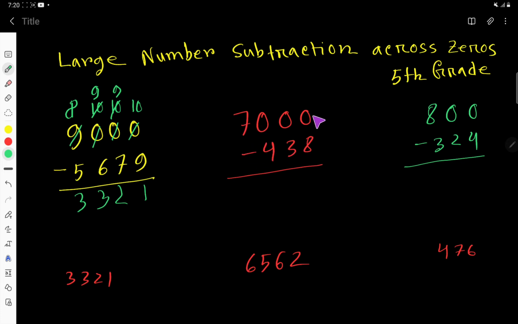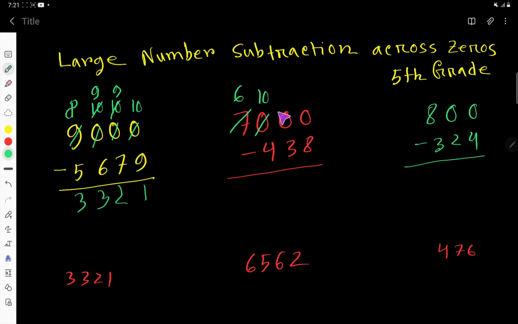So 0 is less than 8. So borrow, go to the next door. In your next door you are also getting 0. Go to the next door. So if you borrow 1000, then 1000 in the hundreds column will be 10 hundreds, right?